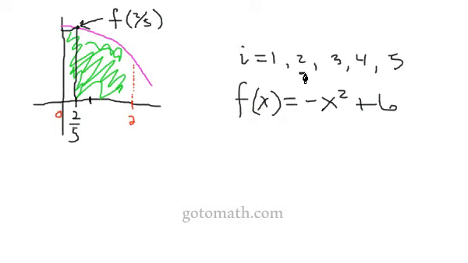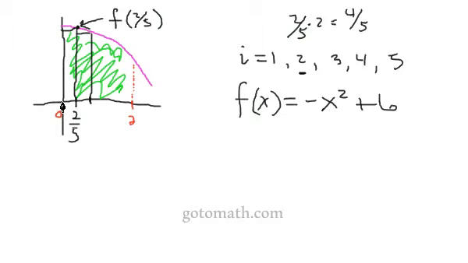so this would be the second i. So in order to find this number right here, this becomes 2/5 times 2, which is 4/5. As we continue these rectangles, what we want to do is find the area of each one of the rectangles and then just sum the area up.